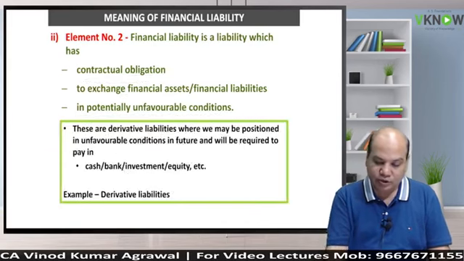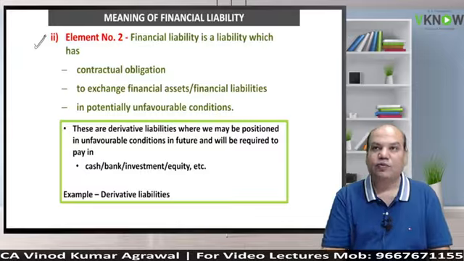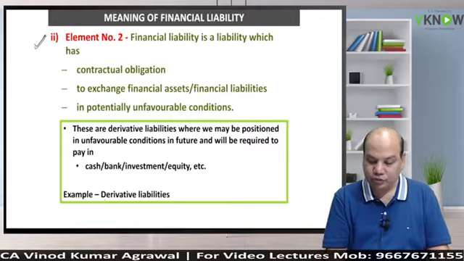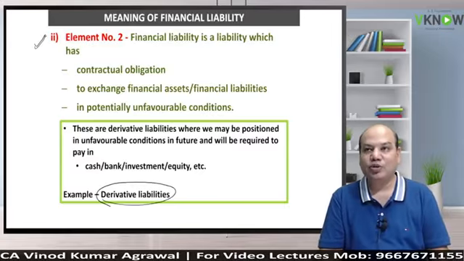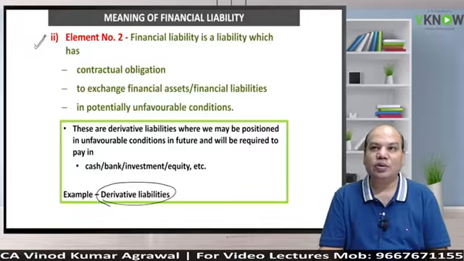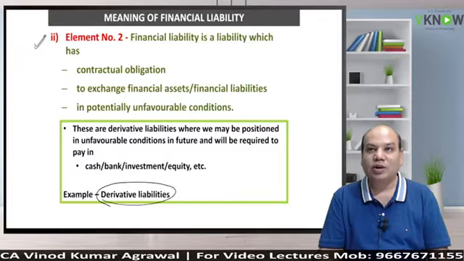So the category of liability which will fall under element number 2 would be derivatives, because in derivatives the contract becomes unfavorable to you due to price movement. Such derivative contracts which become unfavorable to you due to price movement will become financial liability and you will have to account for it.